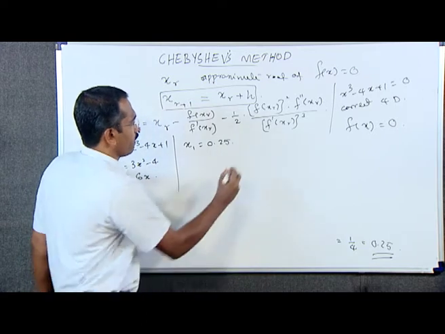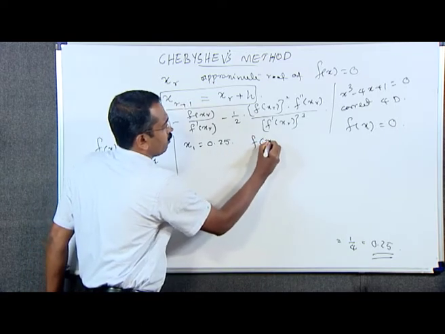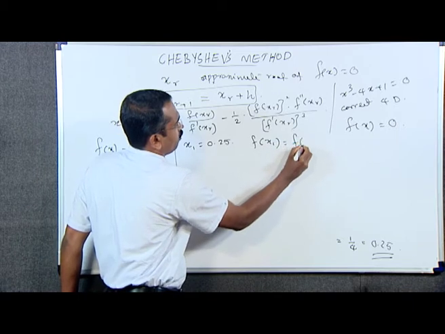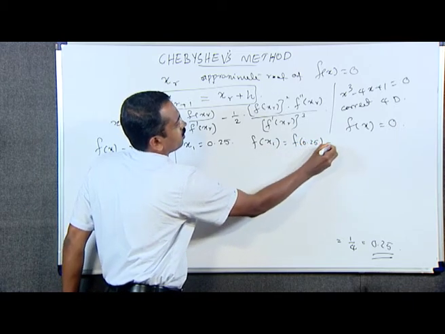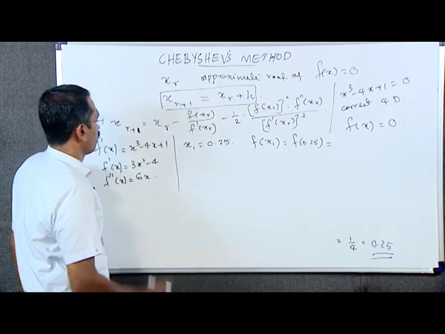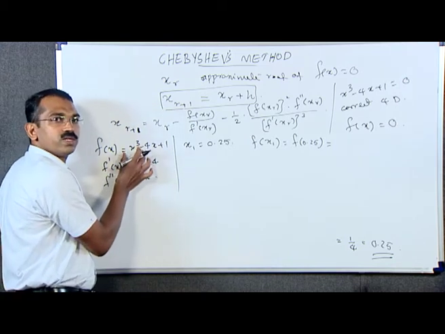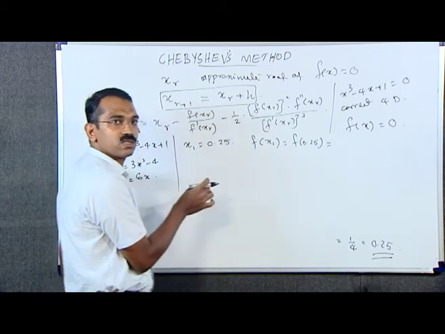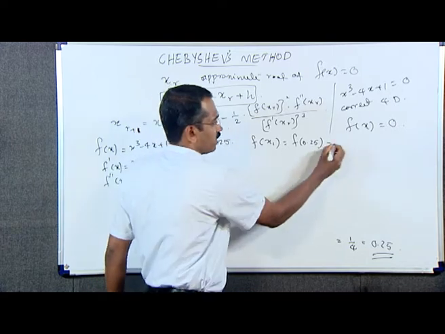Then we evaluate f of x1, that is f of 0.25, which is equal to, from this we will obtain f of x1 as 0.0563.